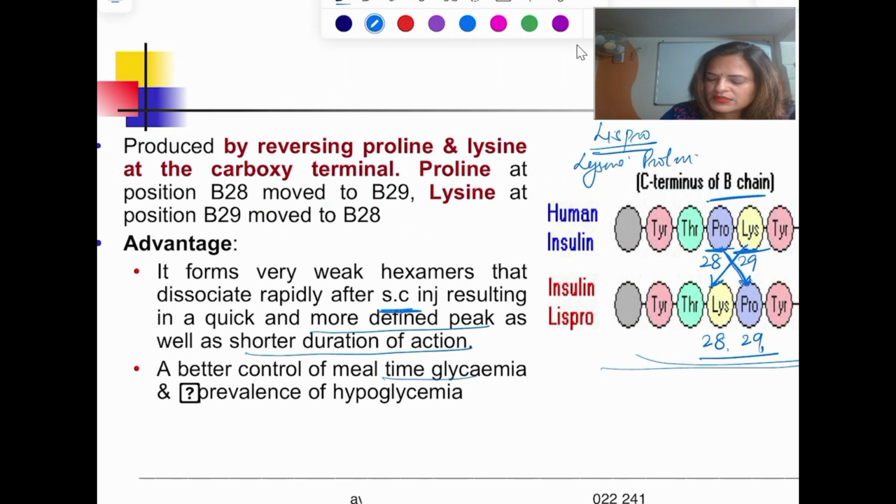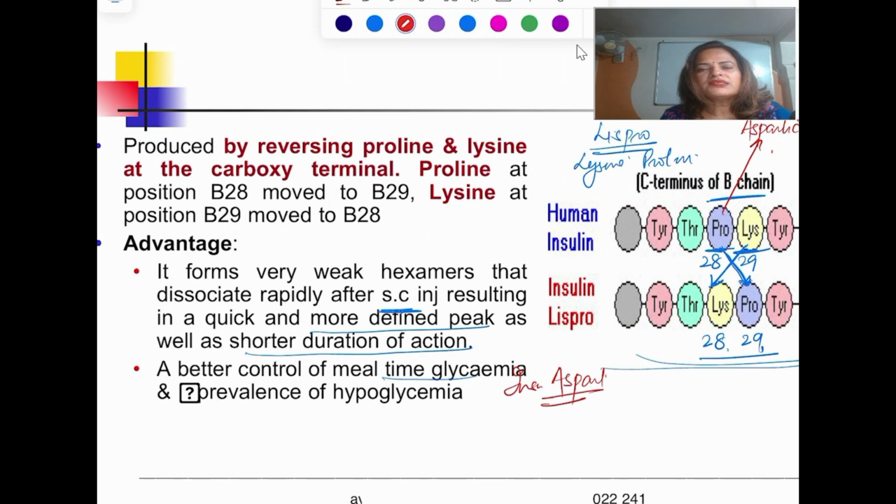Now the second one is insulin aspart. What is in insulin aspart? Instead of the proline here, we have added aspartic acid. So in insulin aspart this one is changed.